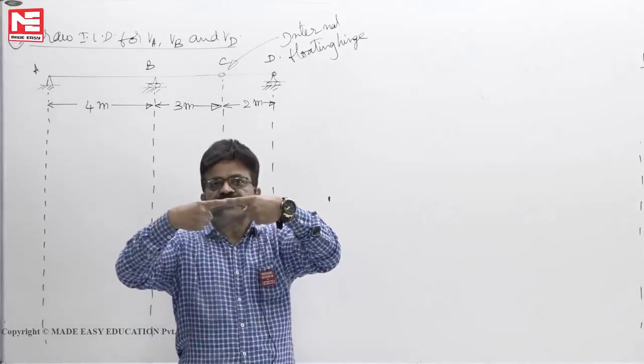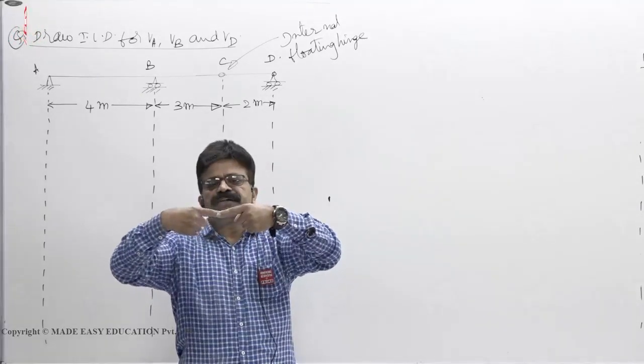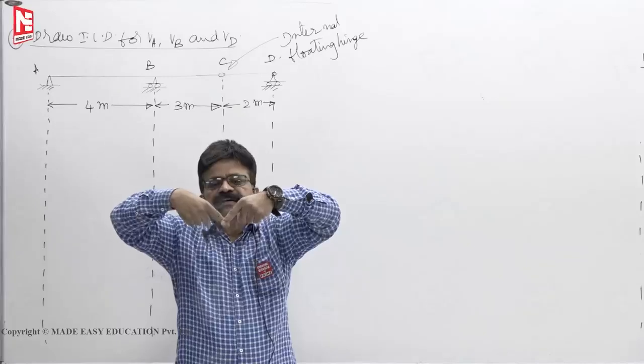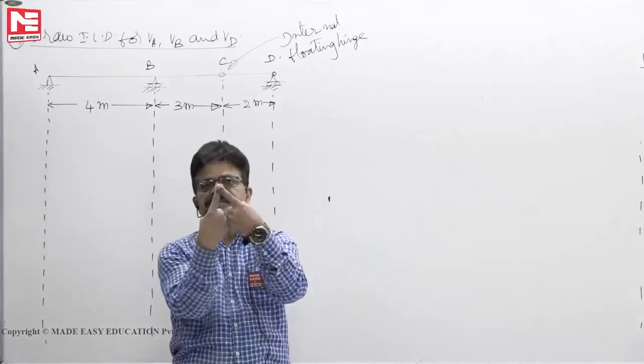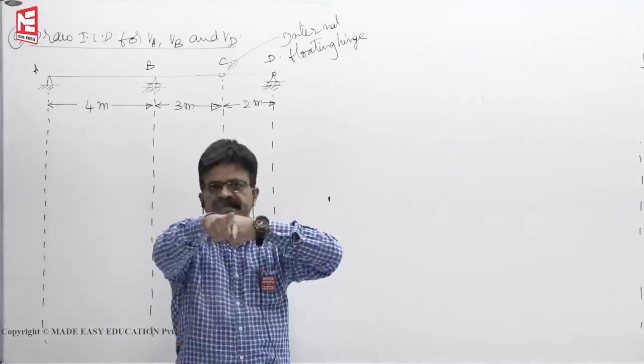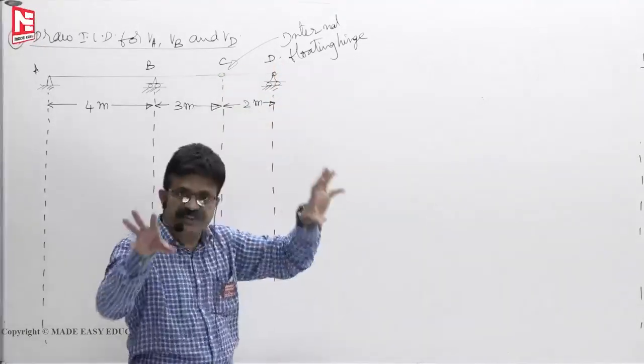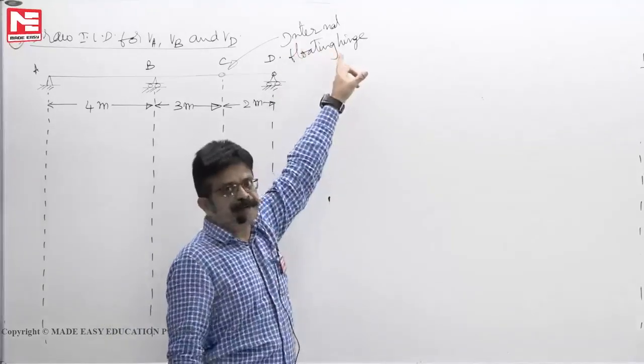Now why do we call it a floating hinge? If you apply a vertically downward load, it can go down like this. Lift it up, it will go up like this. Pull it, it will not come apart because there is a bolt. Because the hinge is within the structure, it is called internal.